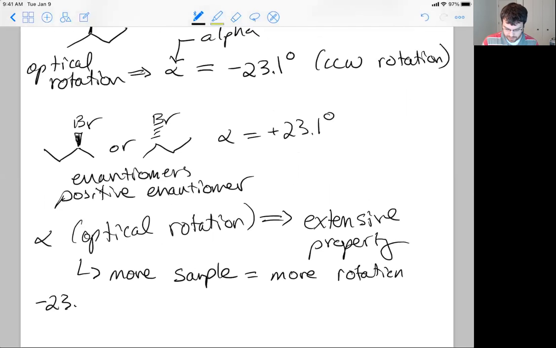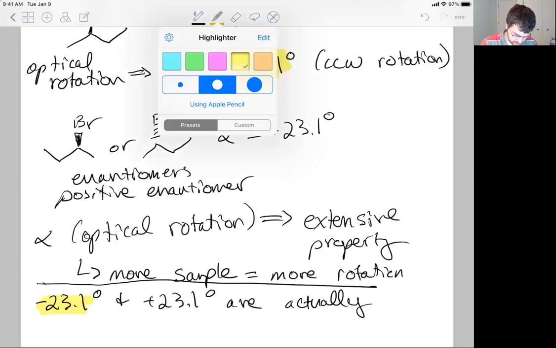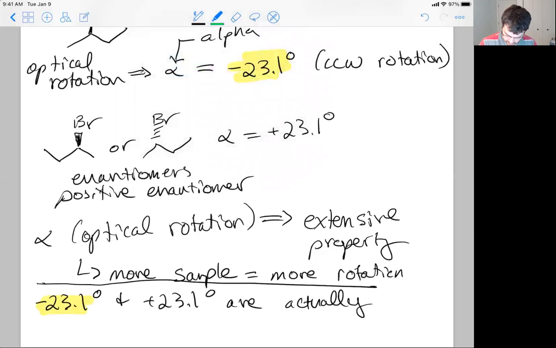So minus 23.1 degrees and plus 23.1 degrees are actually specific rotation values.